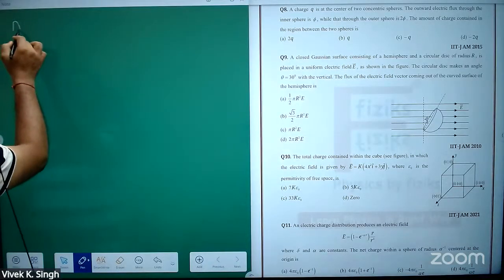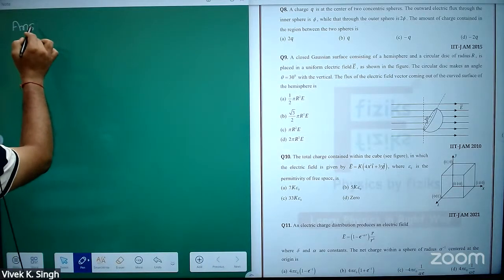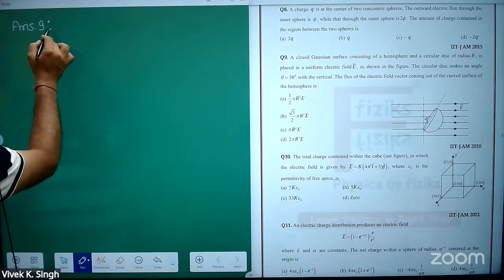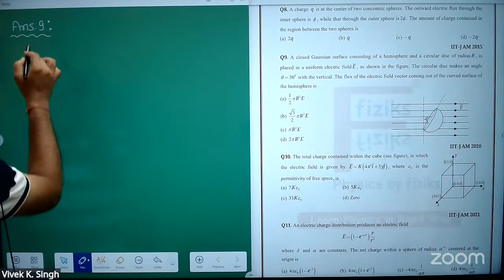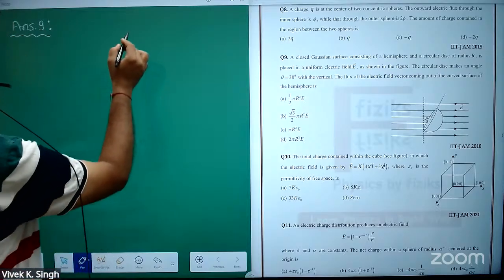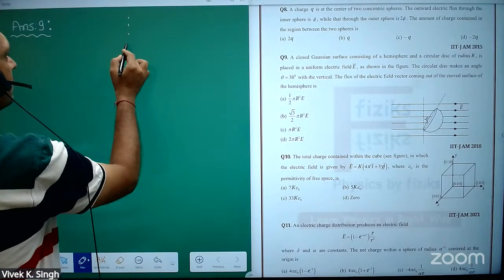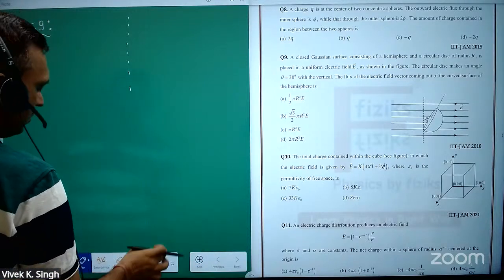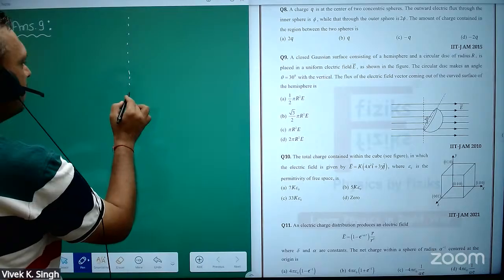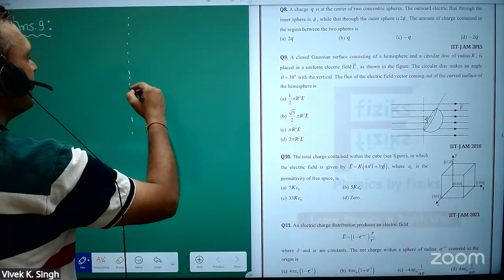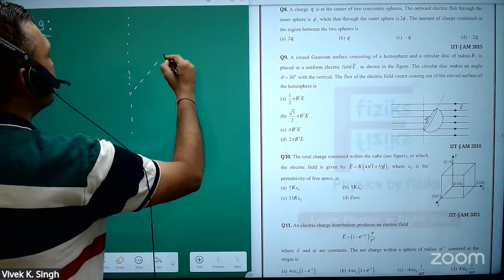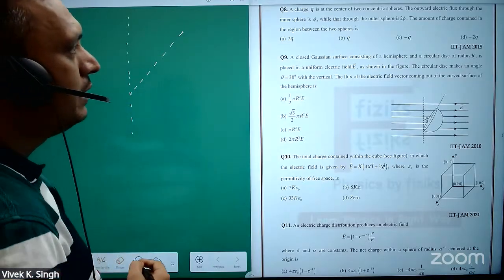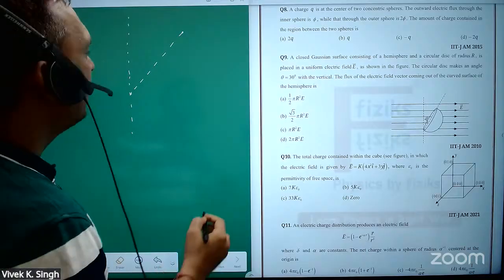Answer 9. This is the circular disk of radius r.